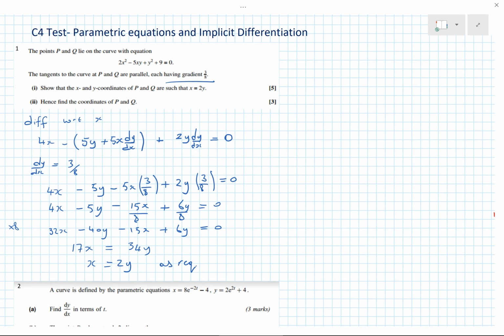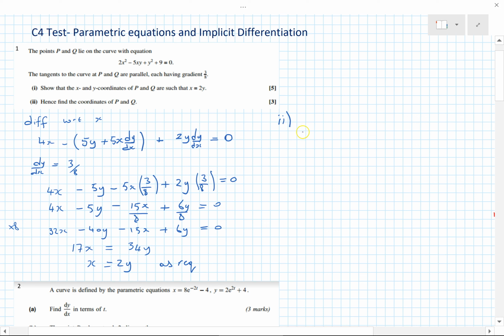Okay, in the second part, it says, hence find the coordinates of P and Q. Now we really want to be subbing back into here. Because we've got x equals 2y and we want to sub that back in. So 2x squared minus 5x, oh no, we're substituting for x. We'll make it easy, won't it?